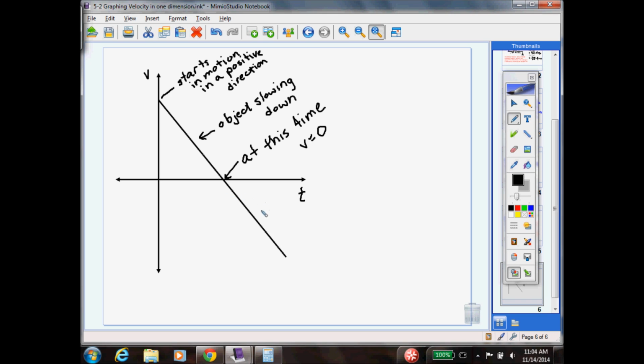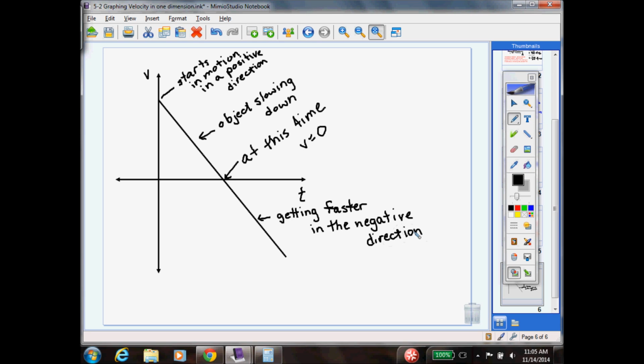So through here, it is getting faster in a negative direction. Getting faster in the negative direction. And the reason for that is gravity, on Earth and on the moon.